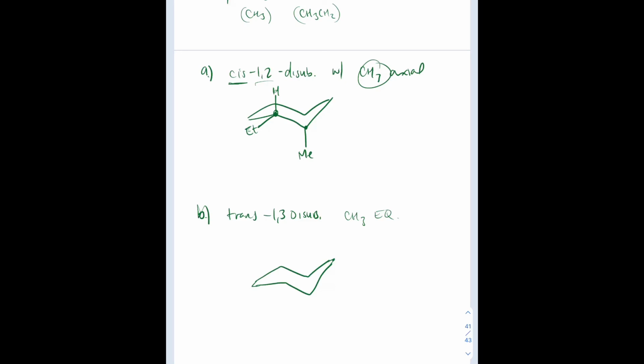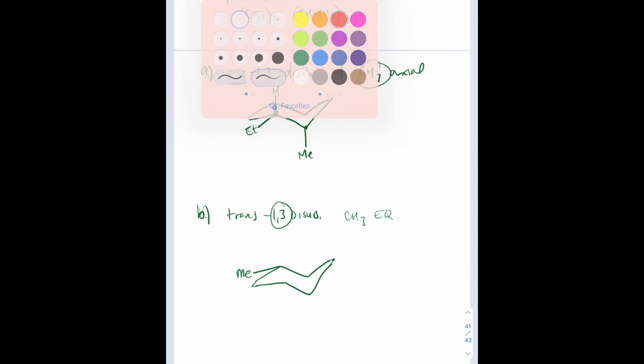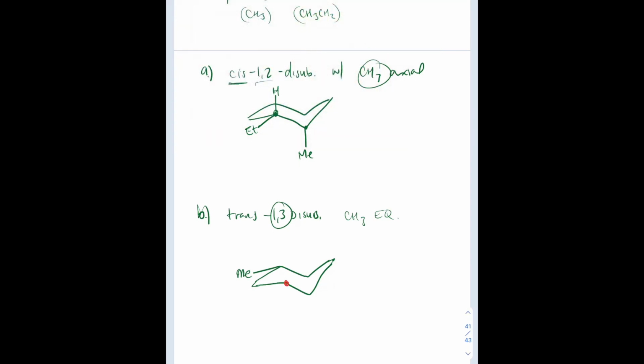All right, so let's put it here. That's terrible. Boom. Let's put a methyl group there, which is an Me. And if we want it in the 1,3 position, that means we need to skip a carbon and then put our ethyl somewhere else. So that means our ethyl could technically go here or here.